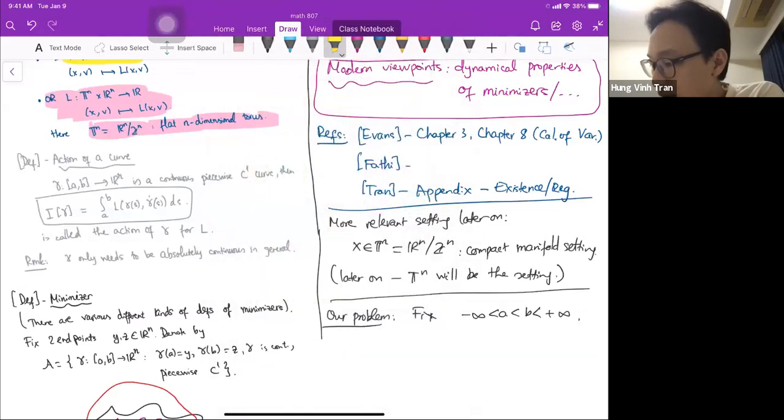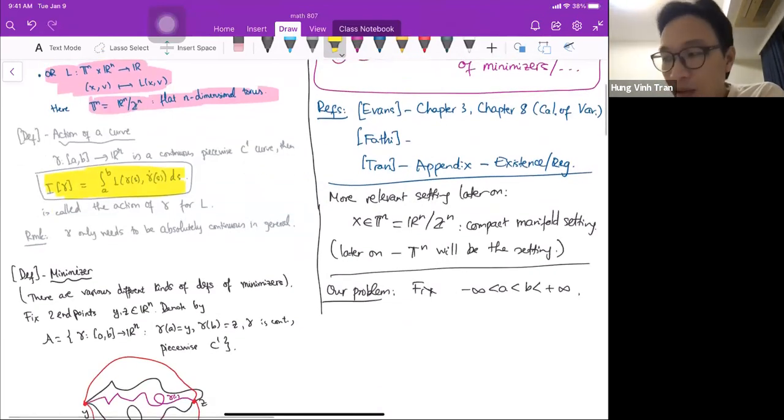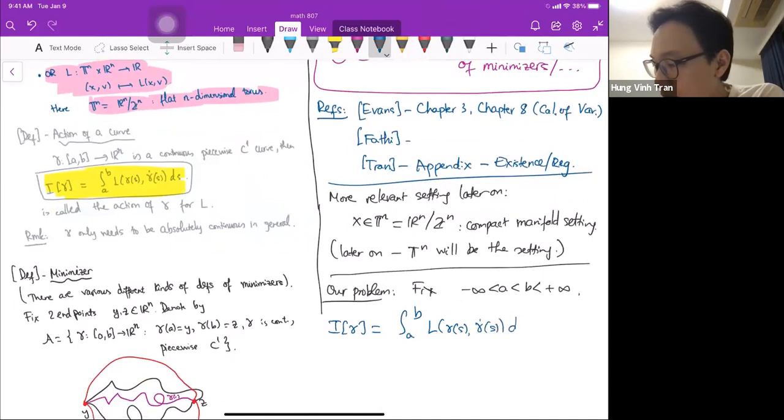So the functional we care about is this I of gamma, and I'll tell you later on what we really care about. Let me just write it down again. I of gamma is called the action functional. It's the integral from a to b of L(gamma(s), gamma dot(s)) ds.